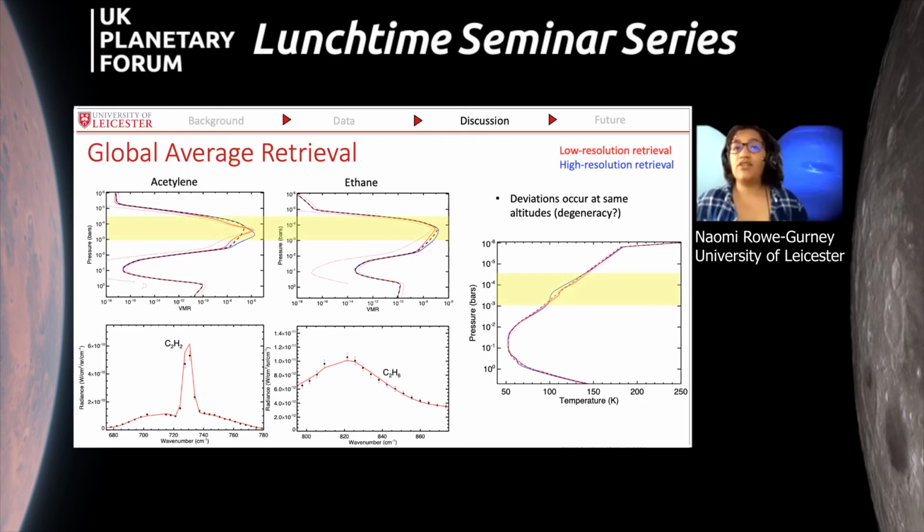That could indicate that there is some degeneracy happening between the temperature and the gas abundances, but they're incredibly difficult to break. But because we have these realistic results that we think are reliable, we can use them to investigate this longitudinal variability.